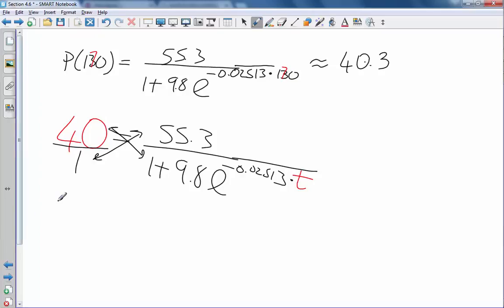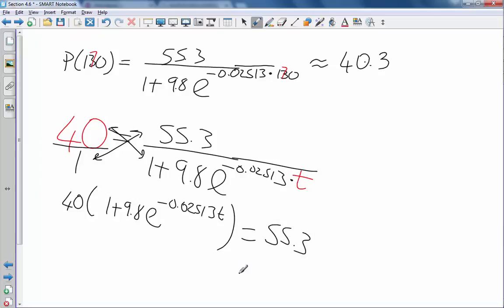I like this one, so I will multiply 40 by this and set it equal to 55.3. Actually, I want to divide so I can get rid of all this junk and get my t alone.